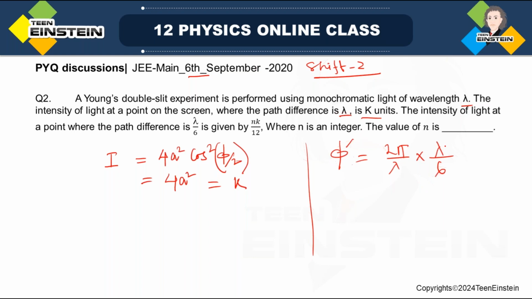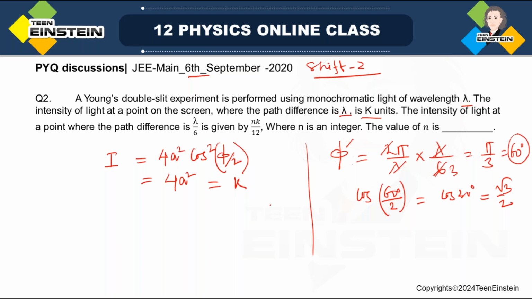Lambda cancels, so this will be pi by 3. So pi by 3 means 60 degree. So cos of 60 degree divided by 2, that means cos of 30 degree, which is root 3 by 2.